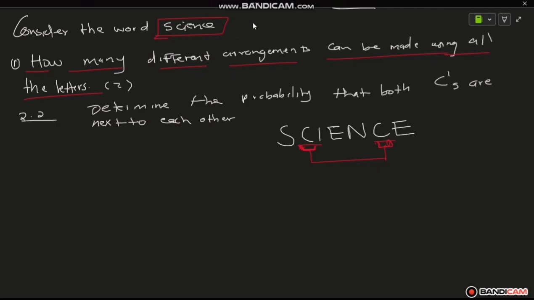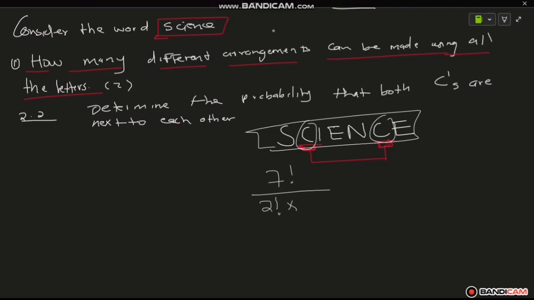But let me just do this so that you understand what I'm saying here. So this is our word science. It has 7 letters. Therefore it will be 7 factorial over 2 factorial, because C is repeated 2 times, multiplied by another 2 factorial, because E is also repeated 2 times.